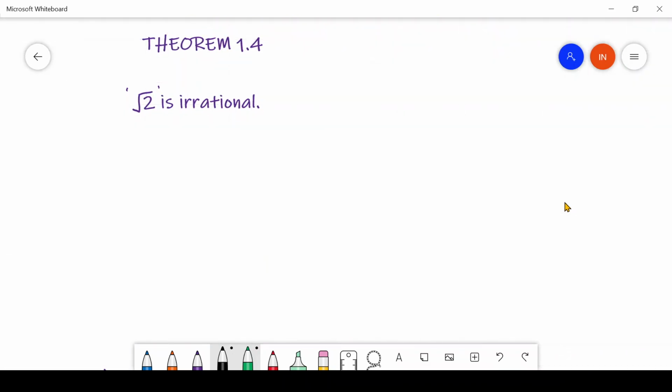How can we prove that root 2 is irrational? This we can do under the assumption that root 2 is a rational number. So let's assume root 2 is a rational number. If root 2 is a rational number, how can we represent it?